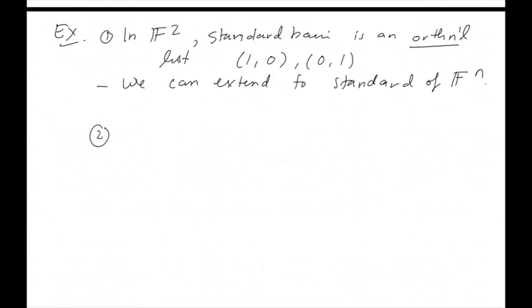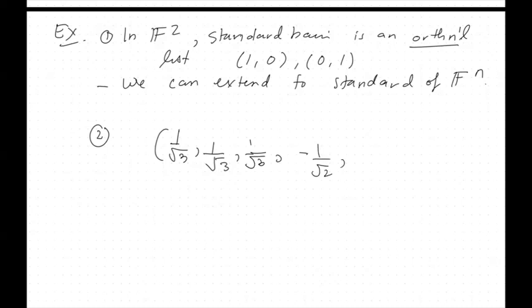And the other one is the following. This is (1/√3, 1/√3, 1/√3), and then the other one is (-1/√2, 1/√2, 0).